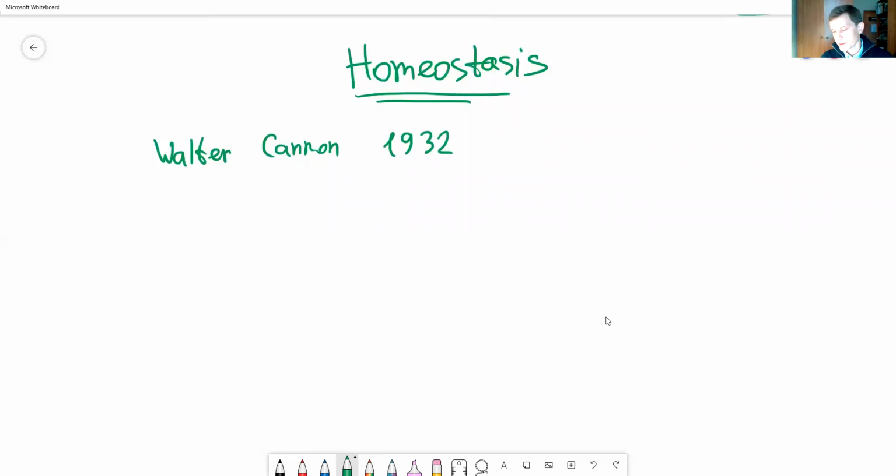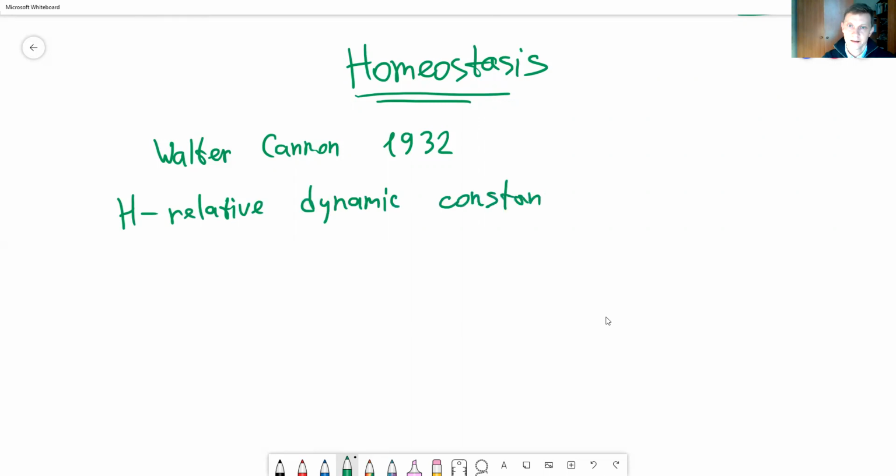And Walter Cannon described this value as the relative dynamic constancy of the internal environment, meaning usually the chemical and physical parameters of the internal liquids.